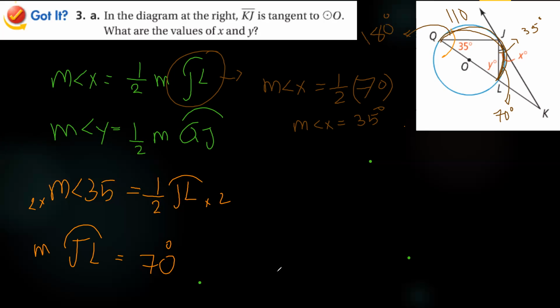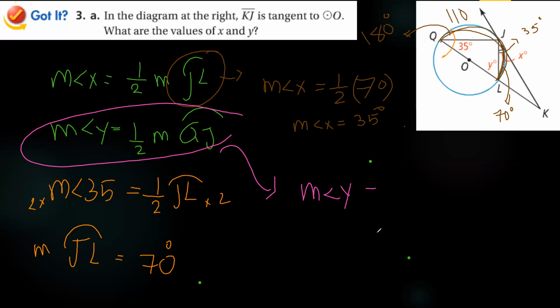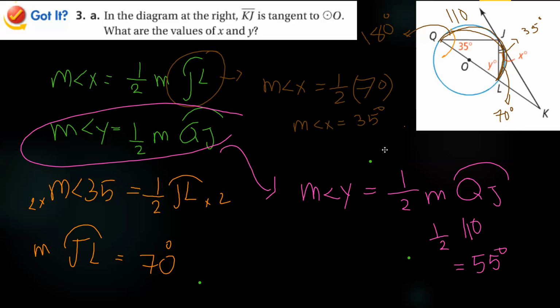So by this way, we found the measure of the arc QJ. Then the measure of the angle Y is half the measure of the arc QJ. QJ is 110, half of it will be 55 degrees. So angle Y will be 55 degrees.